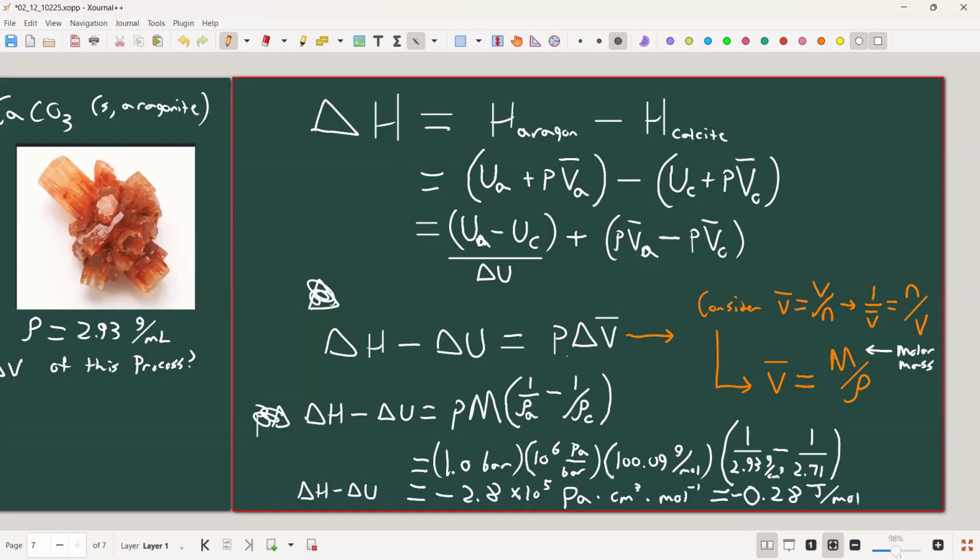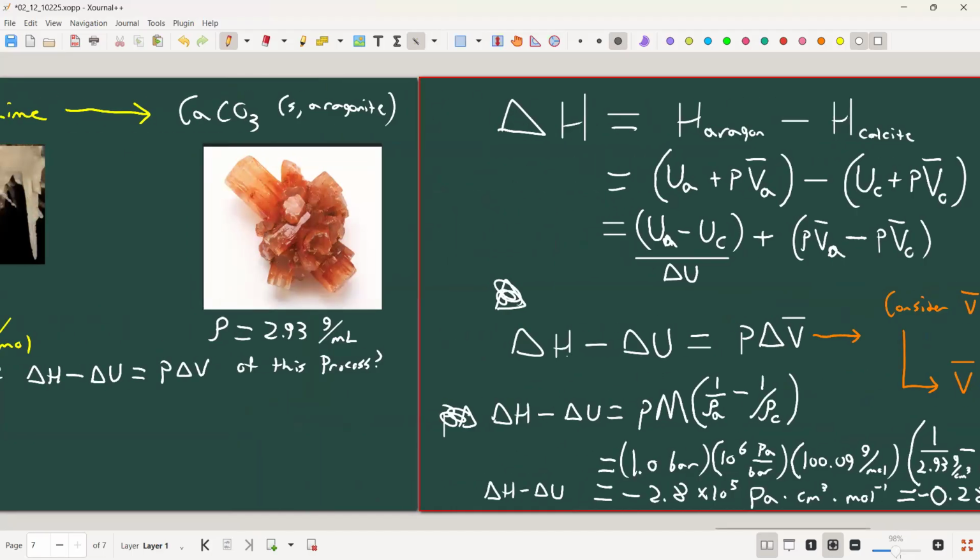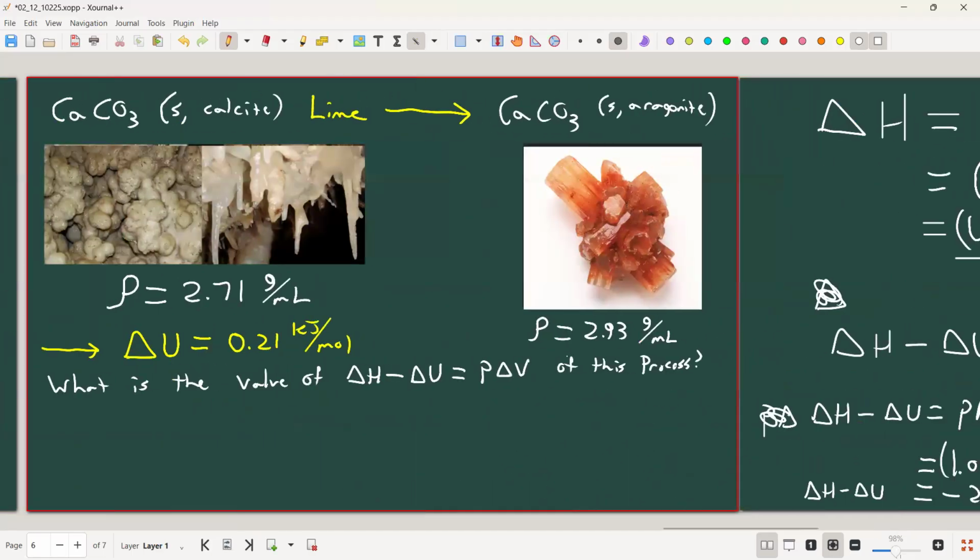The rest of it is just heat. What that means is that we don't have to worry about PV work with most chemical processes. PV is so minusculely small that almost all of the energy required to do a process is just pure heat.